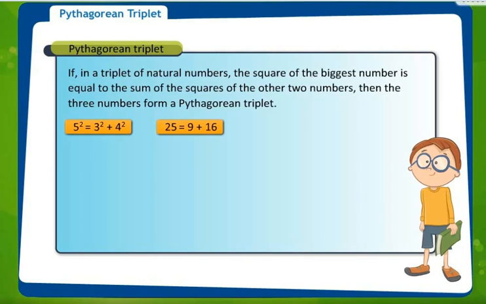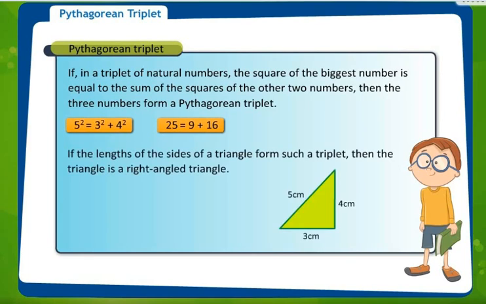From 3, 4 and 5, 5 is the biggest number. So first we'll take 5 square. 5 square is equal to 25, 3 square is 9 and 4 square is 16. So 9 plus 16 is 25. Now these numbers are obeying the law of Pythagoras, and hence these 3 numbers are called a Pythagorean triplet.